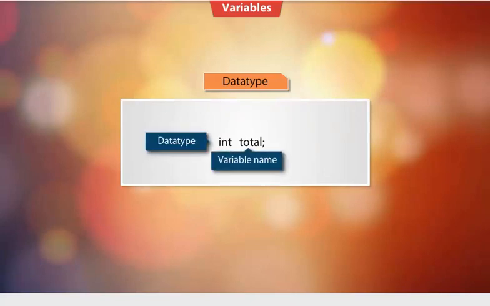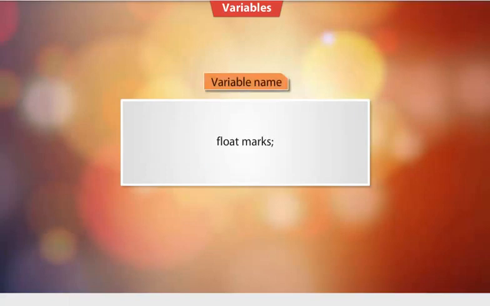To create a variable called total of the data type int, we need to write int total followed by a semicolon to declare the variable. Similarly, to create a variable called marks of the data type float, we need to write float marks followed by a semicolon to declare the variable. Both these declarations are simple definitions.